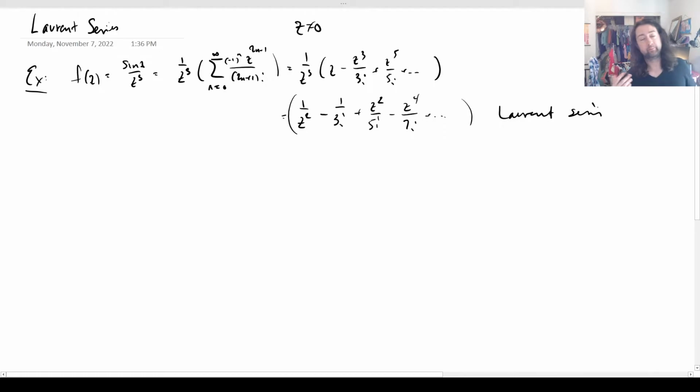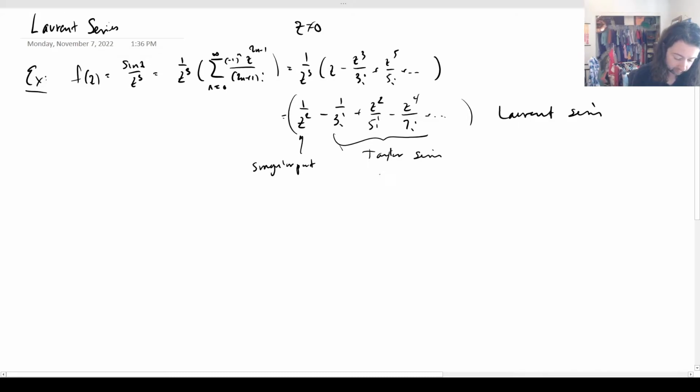It's like a Taylor series, but with this negative exponent piece as well. So this part is like a Taylor series. And this bit over here is the singular part of the series. So normally we call this the singular part. This is often called the analytic part.